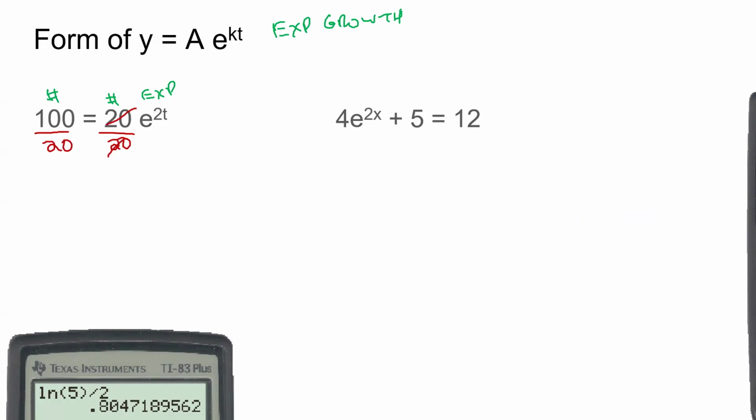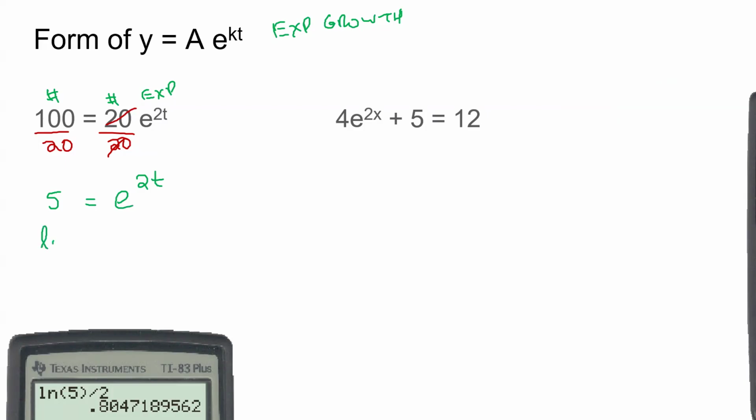And then 20 over 20 cancels, and I will have 100 divided by 20 is 5 equals e to the 2t, like that. I got to get that t. It's an exponent. This exponential is holding me up. I need to get that t by itself. I could take the logarithm of both sides.